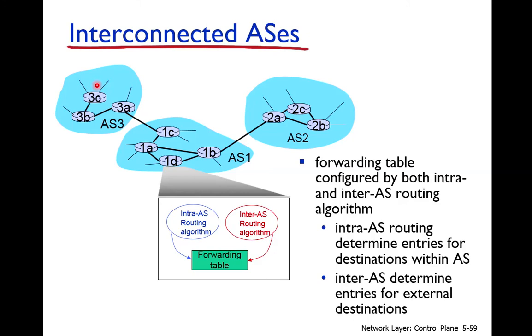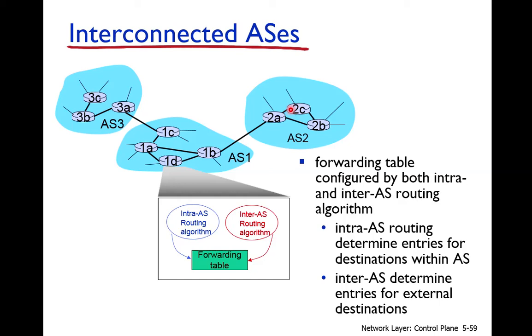This is called intra-autonomous system routing. This autonomous system can use a link state routing protocol within its network. This autonomous system can use a distance vector routing protocol in its domain. This can use distance vector also.